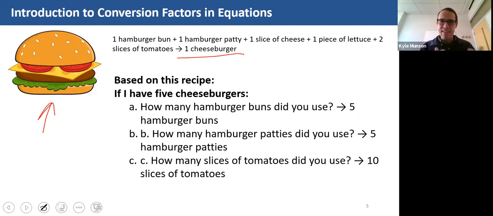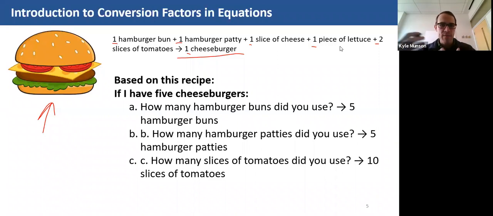So again, these coefficients, 1, 1, 1, 1, or 2, and then 1, tell us how we can convert from one thing to another and understand these relationships. It's the same with chemical equations, as we'll see in a second. For example, if I have 5 cheeseburgers, how many hamburger buns did I use?